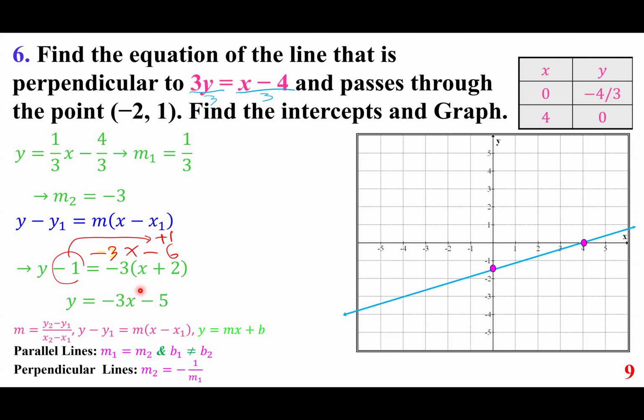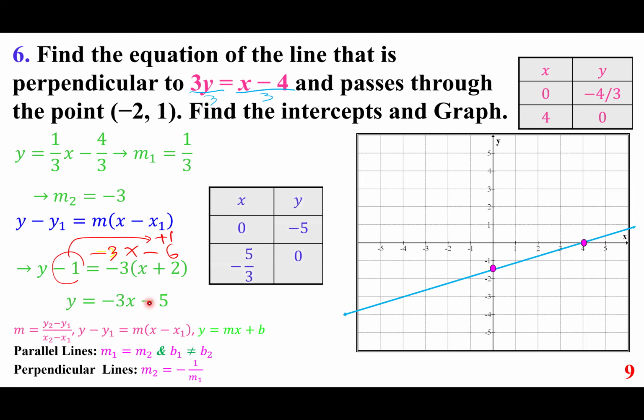For this one, of course, the y-intercept is 0, -5. And if you set y equal to 0, x becomes -5/3. I'm assuming nobody has any problem with that, but quickly, you can say y is 0, and you can find this.